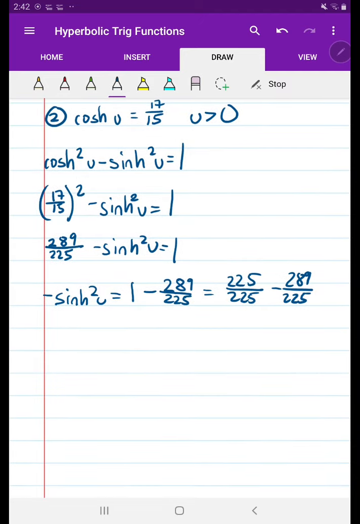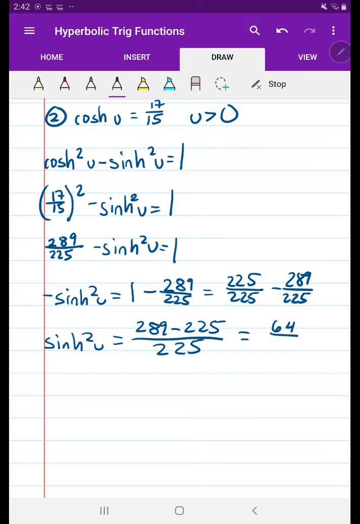So then, if we reverse the sign, a positive sinh squared u is going to equal 289 minus 225 over 225, right? And so then this is going to turn into 64 over 225. So then we know that sinh u is going to be positive or negative 8 over 15.